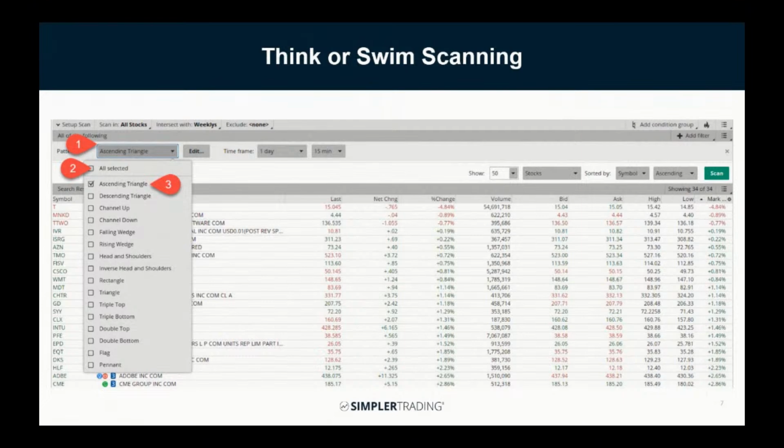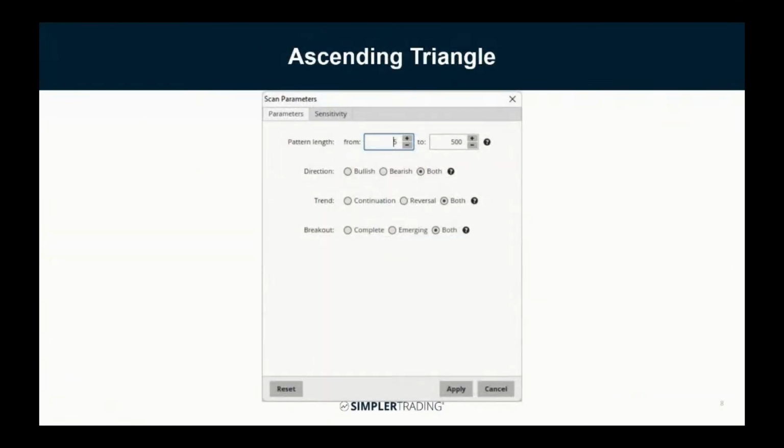So starting here with the ascending triangle, after clicking on Edit, we can see that we have two tabs with parameters and sensitivity. So again here, top left, parameters. The pattern length is where we'll specify the lower and upper limits in bars of the time periods on which this pattern needs to be identified.